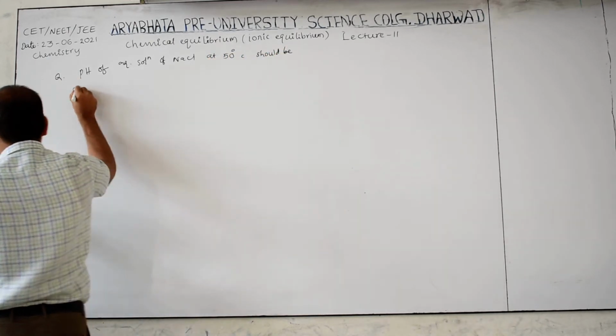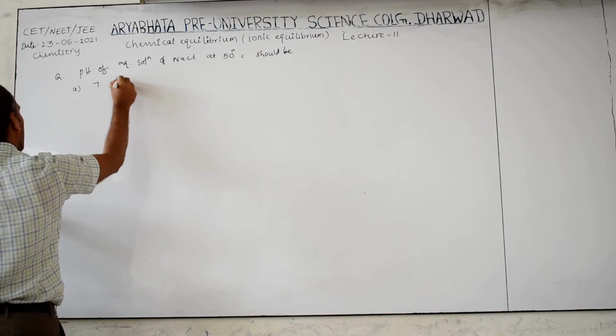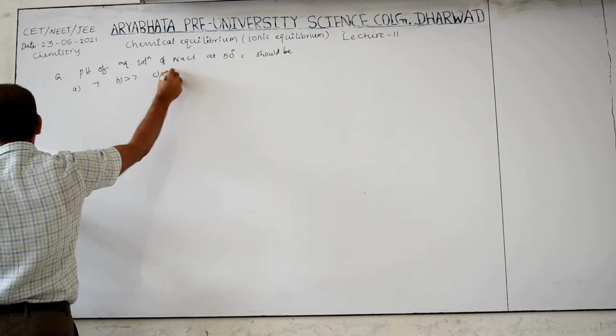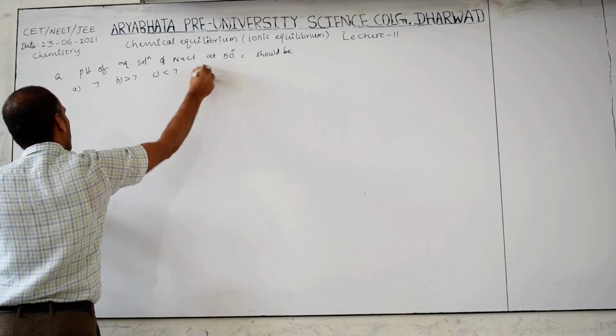Options are given here: A, 7; B, greater than 7; C, less than 7; D, 0.